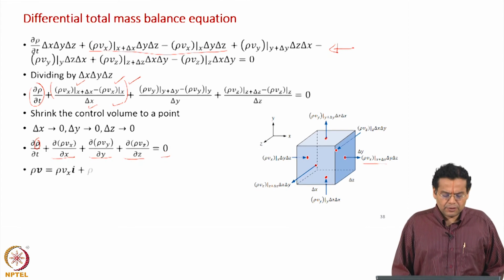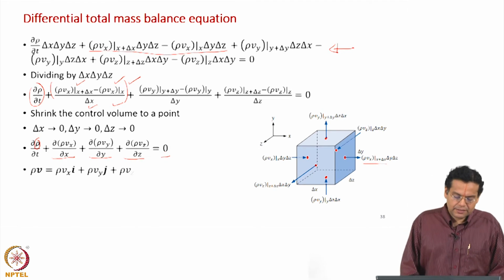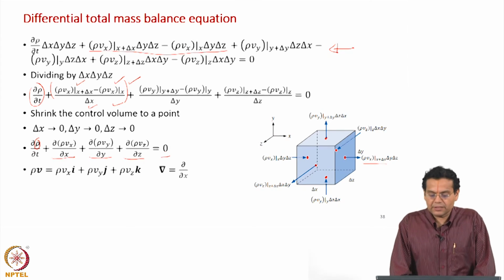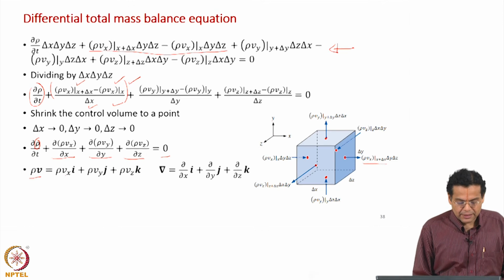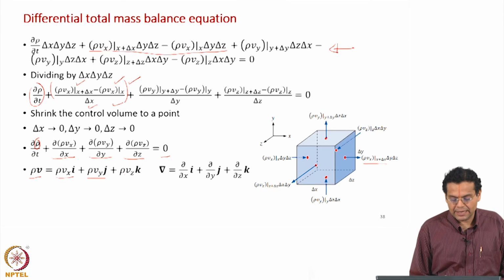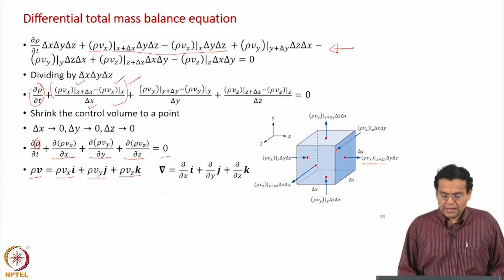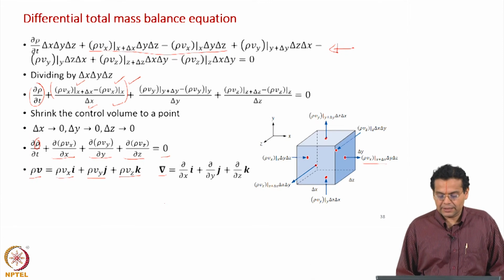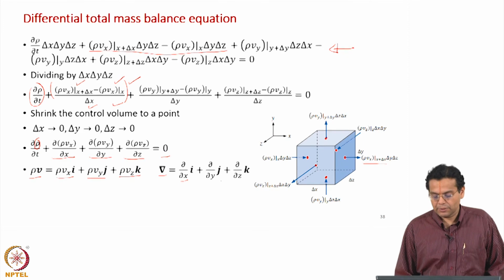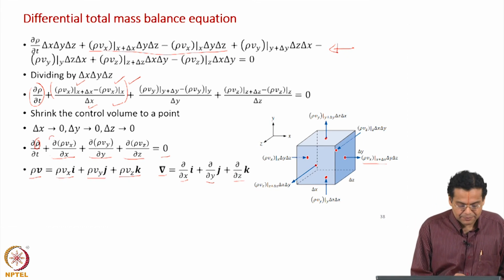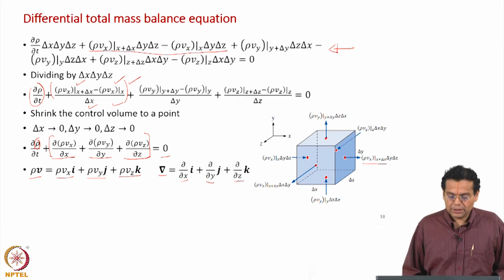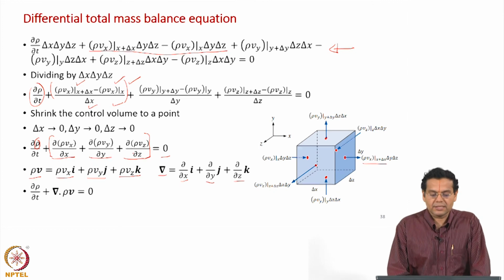We can put it in a nicer representation if we use vectorial representation. We know that rho v vector can be expressed as rho Vx i, rho Vy j, rho Vz k, and then the gradient vector can be expressed as dou by dou x i, dou by dou y j, dou by dou z k, which means that these three terms put together can be expressed as del dot rho v, which we call the divergence.